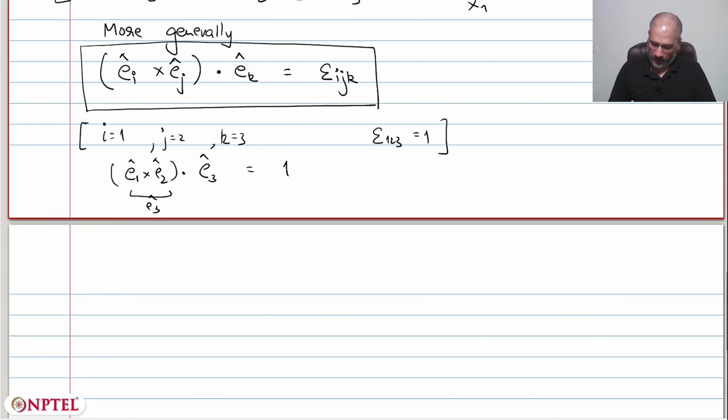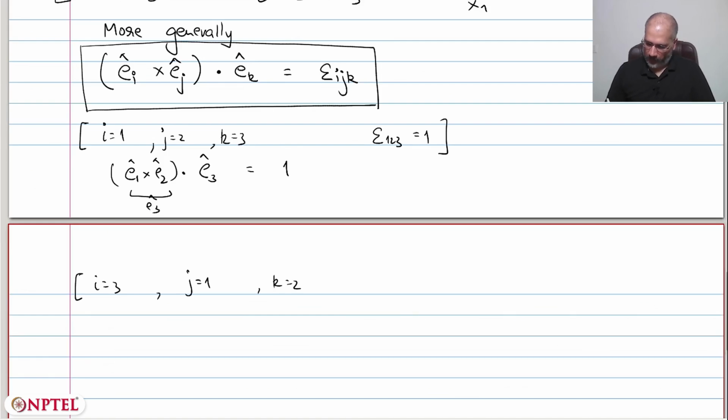Right? Let's try i equal to 3, j equal to 1, and k equal to 2. So epsilon 3, 1, 2, that's the same cyclic order, so that's a 1. What is e3 cross e1? Let's draw the unit vectors.